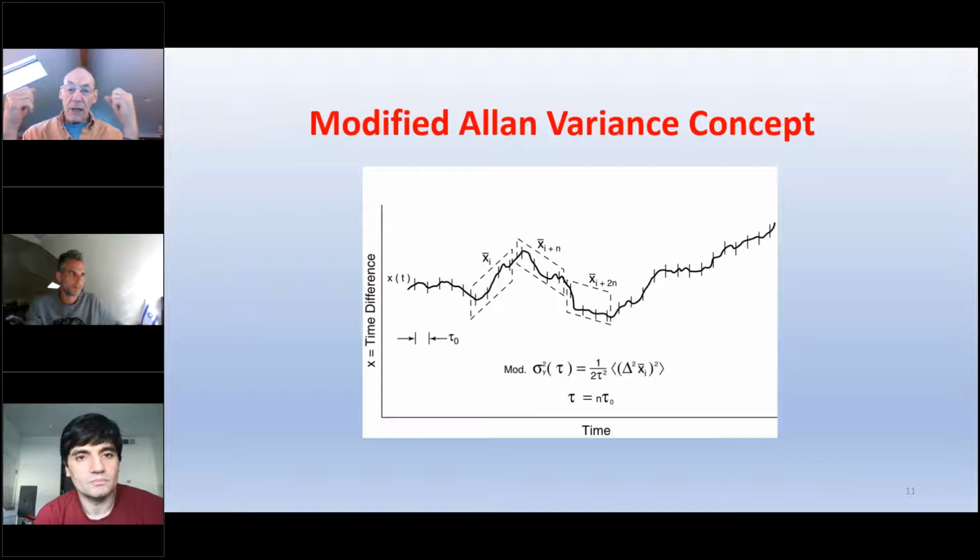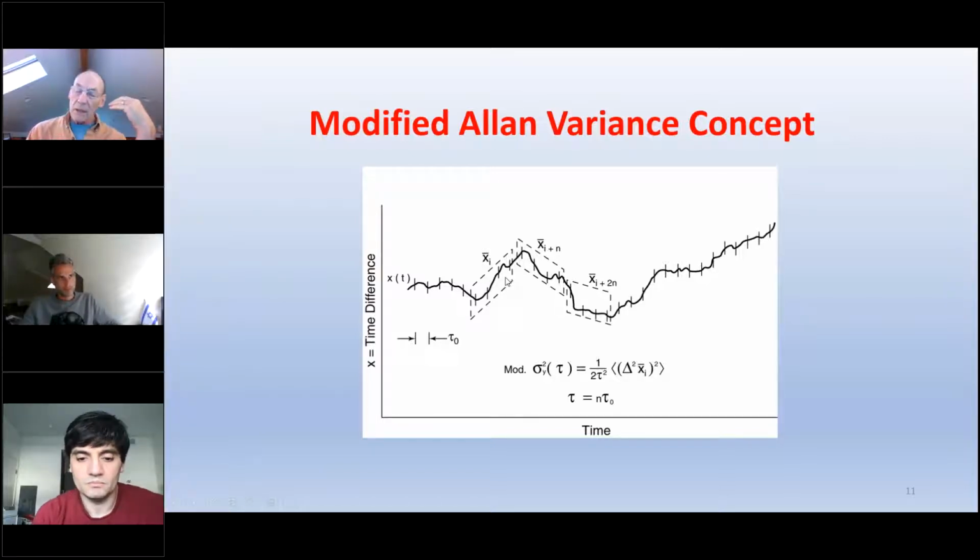Well, if you have the time at x_i and the time at x_(i+n), and you subtract those, that is the change in time. If you divide by the amount of time that has elapsed between those measurements, now you get the rate, the slope of the offset of time, which is frequency.